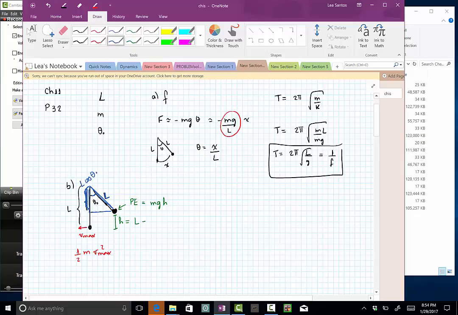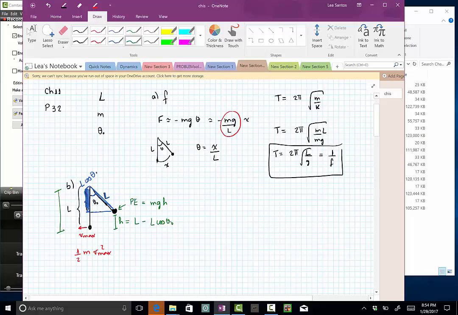Can you see that? This side that I was after is adjacent to the angle, so that's why it is L cosine of theta. So the height is the whole length minus L cosine of theta 0. This is what we need to know.